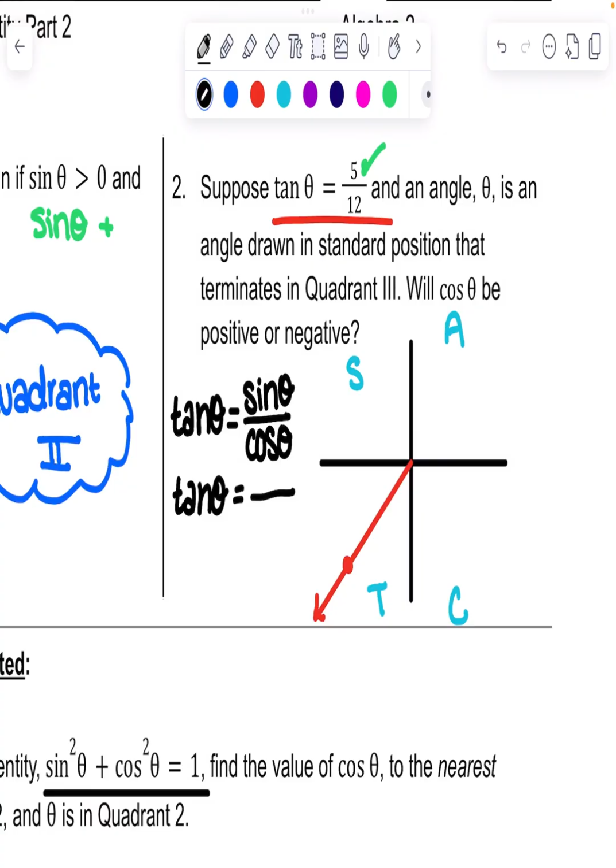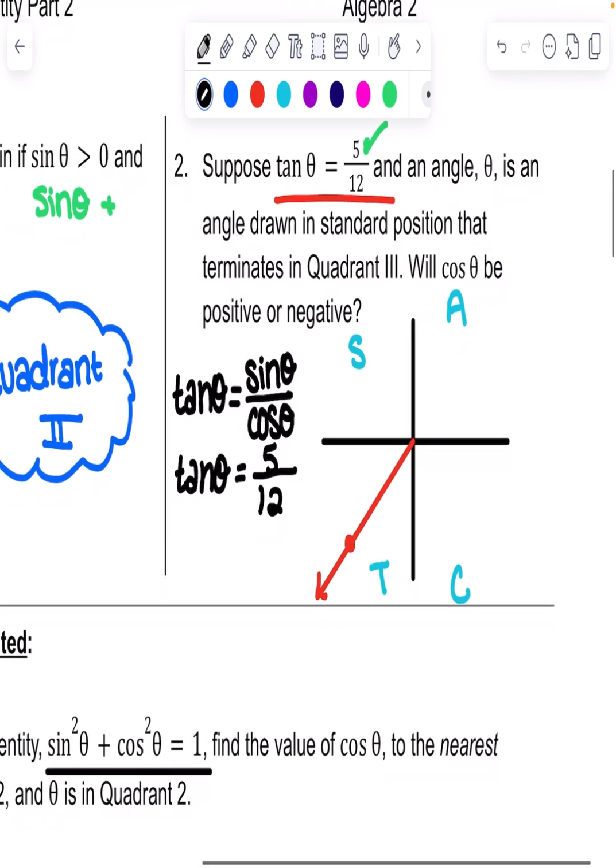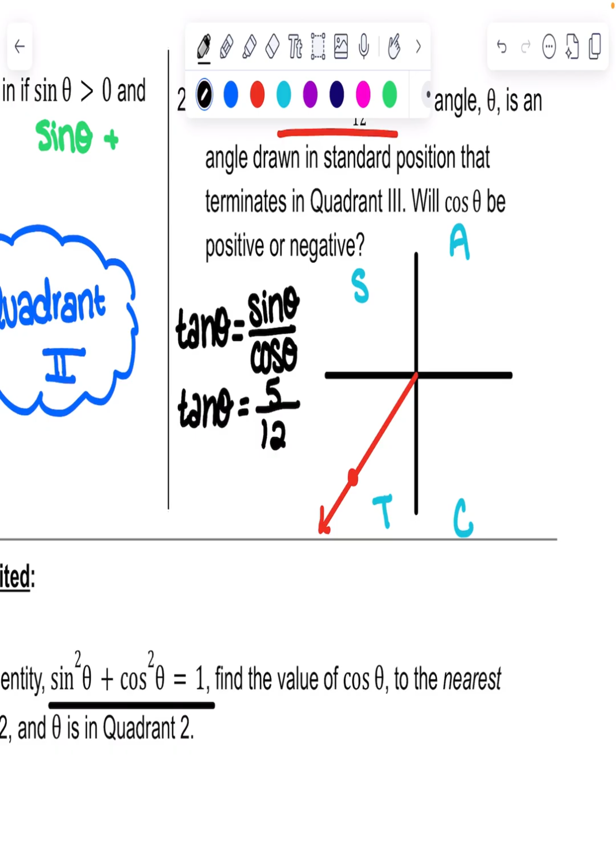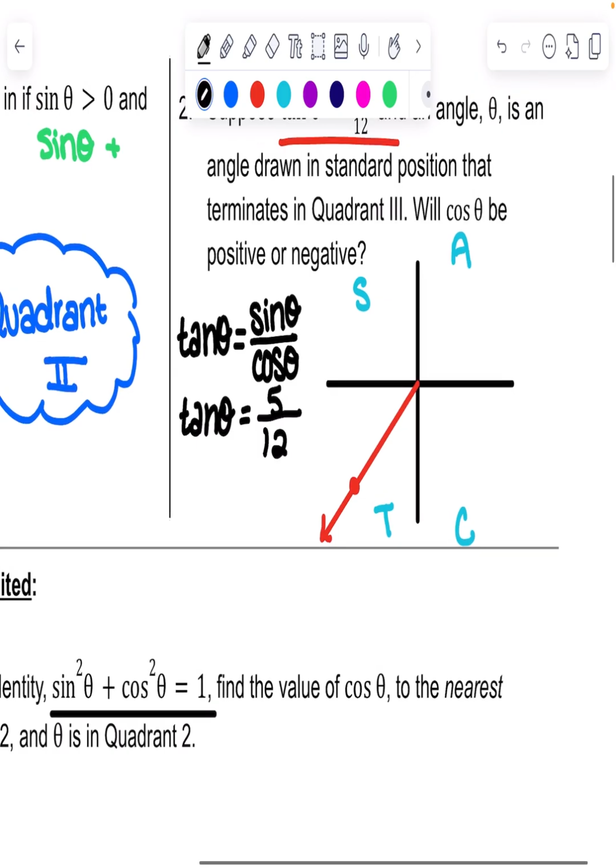So they already give us the ratio of sine to cosine. It's 5 over 12, which is awesome because we could see that cosine is 12 and sine is 5. So could I say this point is 12, 5?